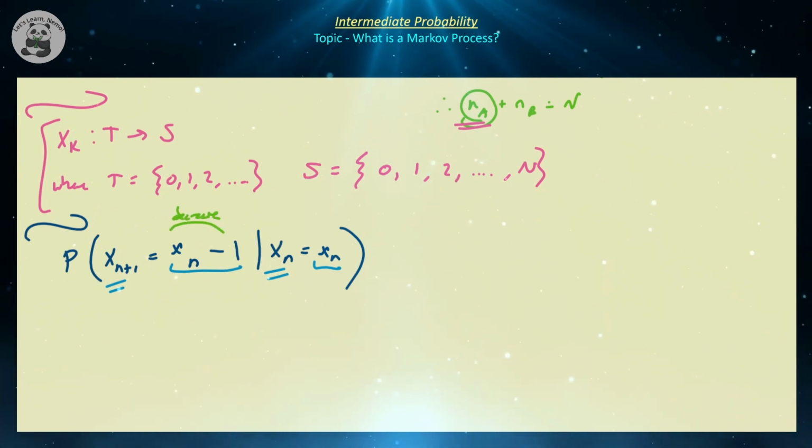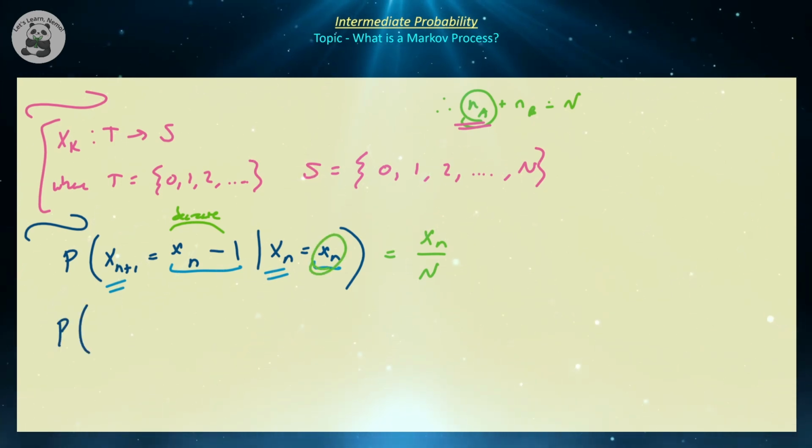If the number of molecules in A decreased by 1, where was the molecule selected located? Well, obviously, if the size of A decreased by 1, that means the molecule that was selected belongs to A. So what's the probability that a molecule is selected from A? Well, obviously, that's going to be equal to the number of molecules in A at time t equal to n, which is little x_n, divided by capital M. And keep in mind, this x_n should be little x_n, because that is just a number if it has already been observed, which we're assuming it has.